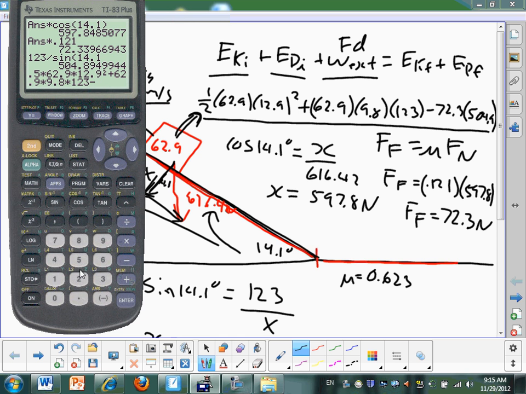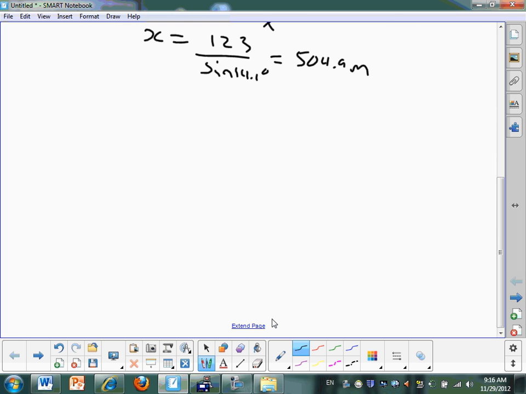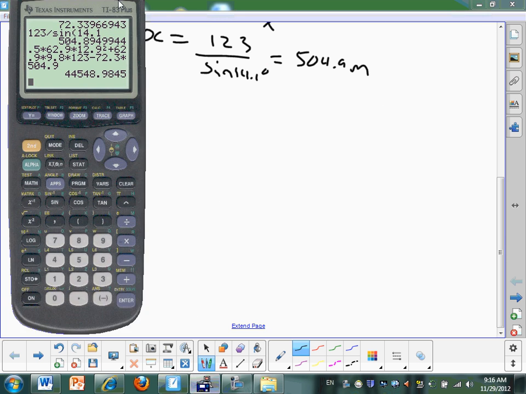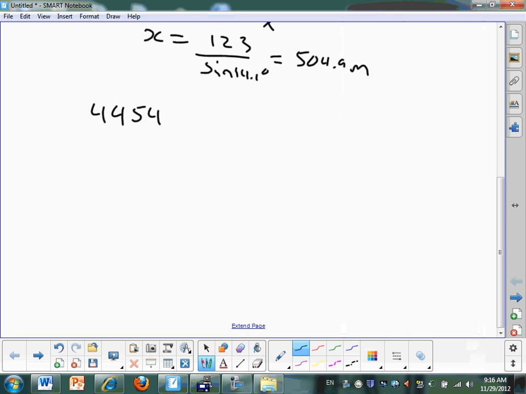And the work done against it by friction would be my force, 72.3, times the distance it acted for, 504.9. So the total energy the skier would have at the bottom of the hill is 44,549 joules. So that's the energy it has at the bottom.